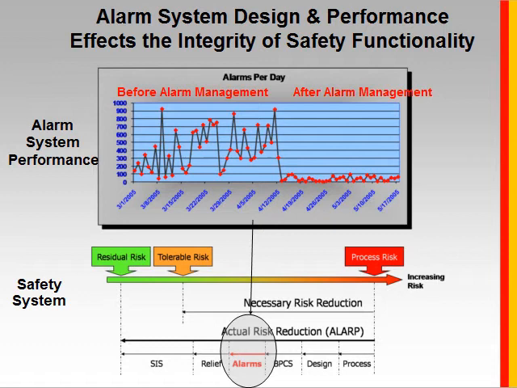Now, if you know this and you realize this, you may make some design modifications to either implement additional safety instrumented functions or to increase the SIL level of those SIFs that you do have. But of course, we all know that can be expensive, that costs money, and increase the burden on our testing, our proof testing.